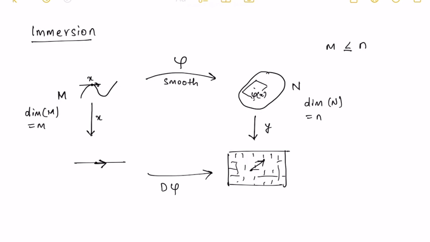Because this is the tangent space T_x of the manifold M, and this is the tangent space which is denoted as T_psi(x) at the point psi(x) on the manifold N. Okay, so there's a mapping function between the coordinate representations of these two tangent spaces also, and that mapping function is represented as the derivative of the original mapping function.